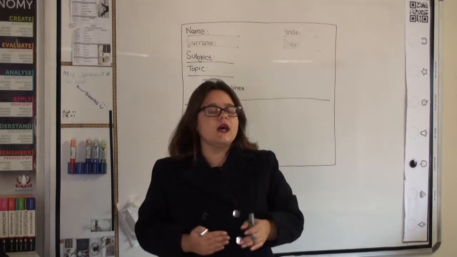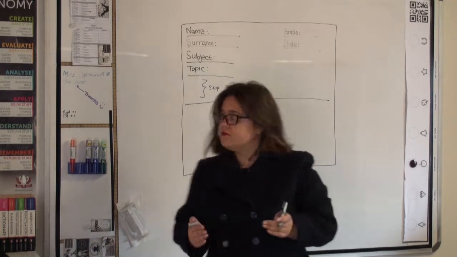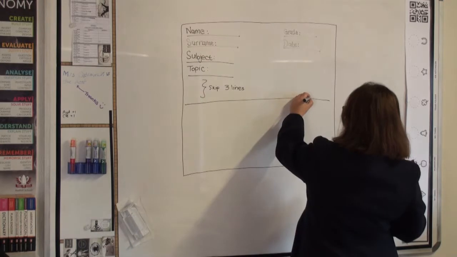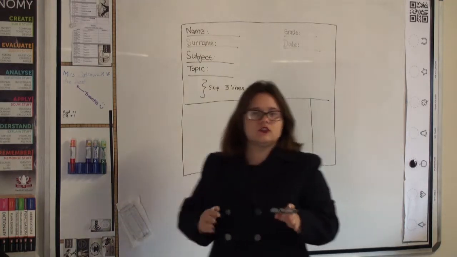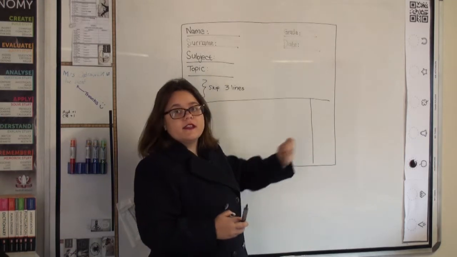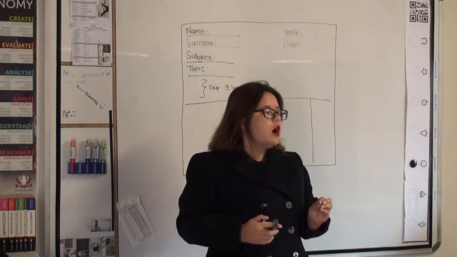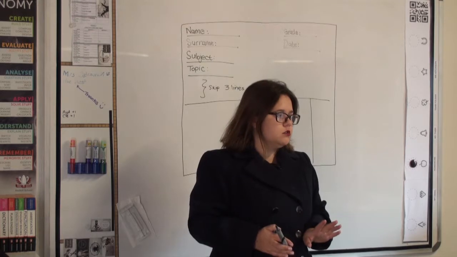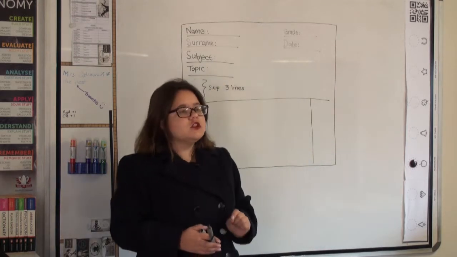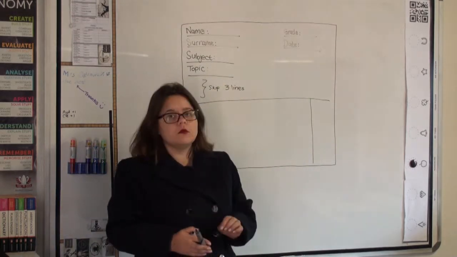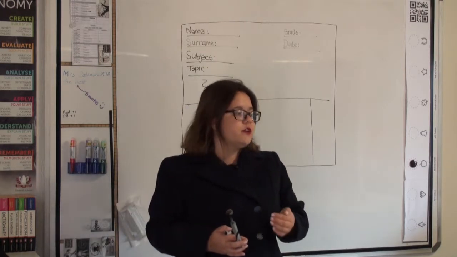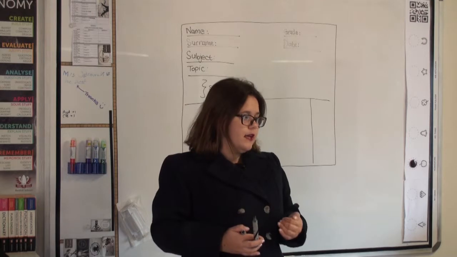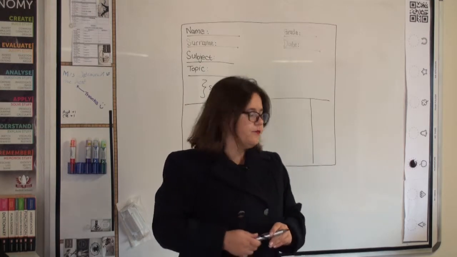Please use a ruler at all times. You should also draw a margin on the right hand side of the page, and it will look like this. Do not write in the margin. The margin is exclusively for your teacher to record the marks. So do not write there, otherwise it becomes very difficult for your teacher to tally up your marks in the end. Okay.